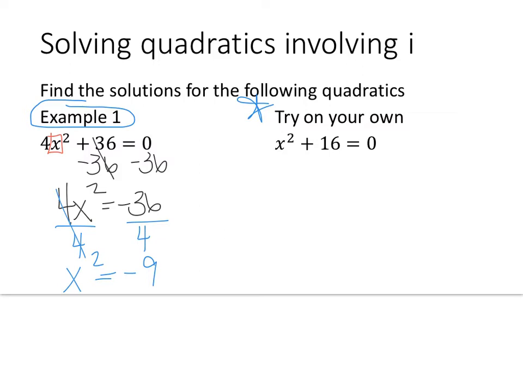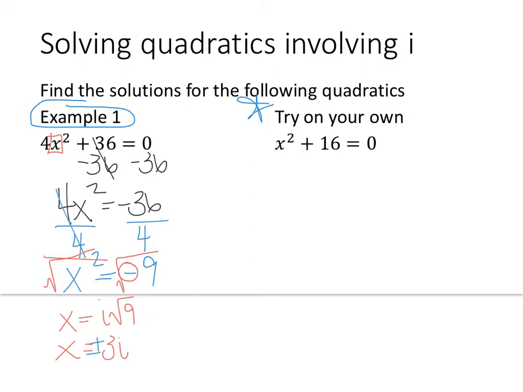We know in solving that the opposite of an exponent is a square root. So the opposite of the exponent of 2 is a square root. So I take the square root of both sides. I'm left with x equals, and again, the square root of -9, I have that negative there, so I know I have an i. And we know that the square root of 9 is 3. So my answer is positive and negative 3i.